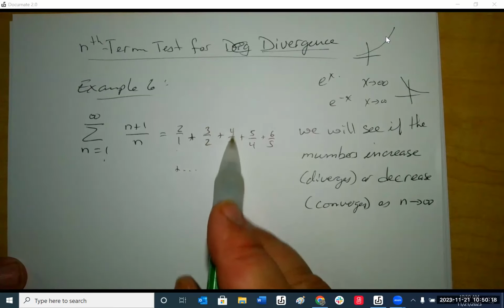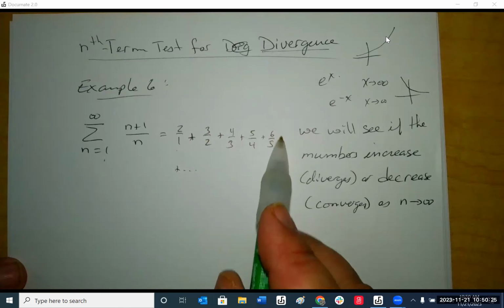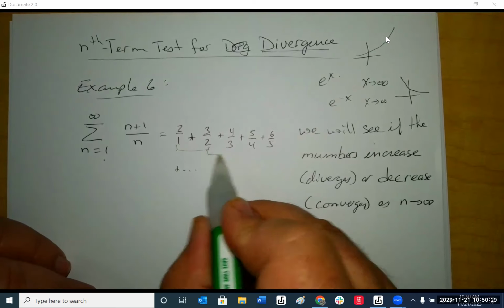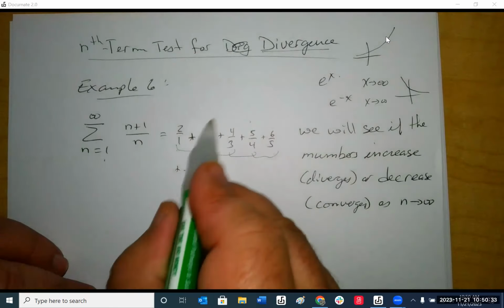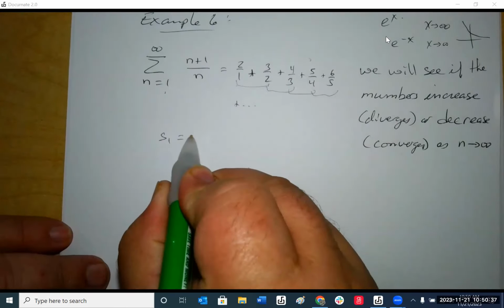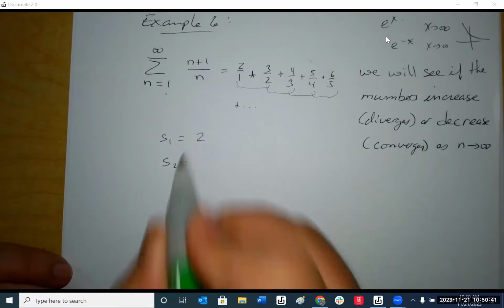It's 1.5, 1.3, 1.25. So as we keep on adding, each successive addition is larger than the one before. So in other words, this partial sum of 1 is 2.